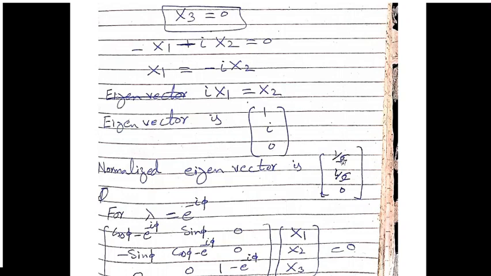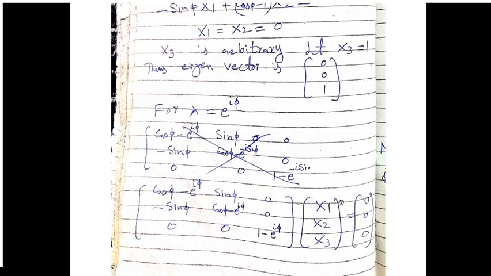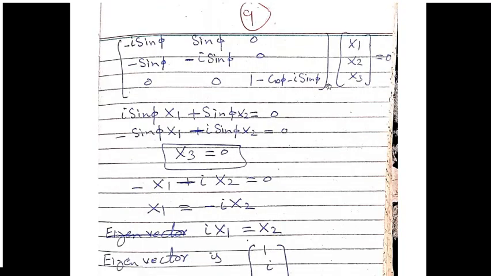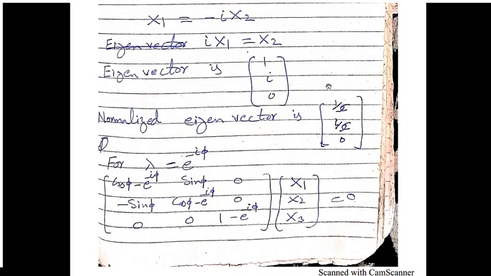It would be 1 over square root of 2, iota over square root of 2, and 0. For the other, no need to normalize because the length is 1, so it would be 0 0 1. So now we have calculated two eigenvectors, for 1 and for e power iota phi.